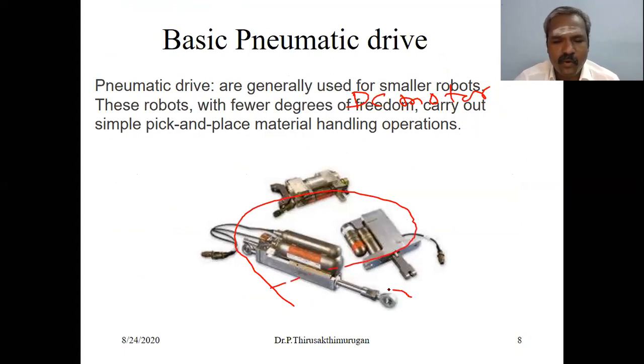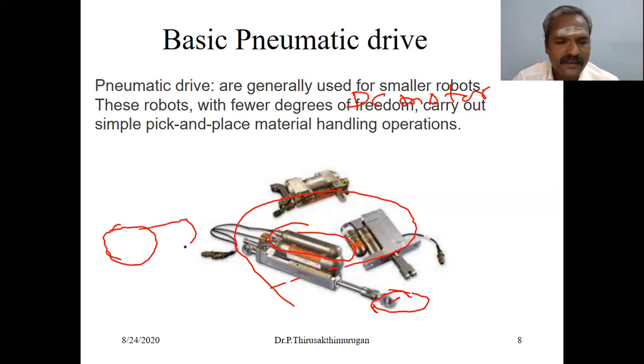Here the robot arm is attached at this end. This is the pneumatic drive connection. This end is connected to this. These are all cylinders, pneumatic cylinders, air cylinders, where we supply air through a compressor. The air compressor will be somewhere here.